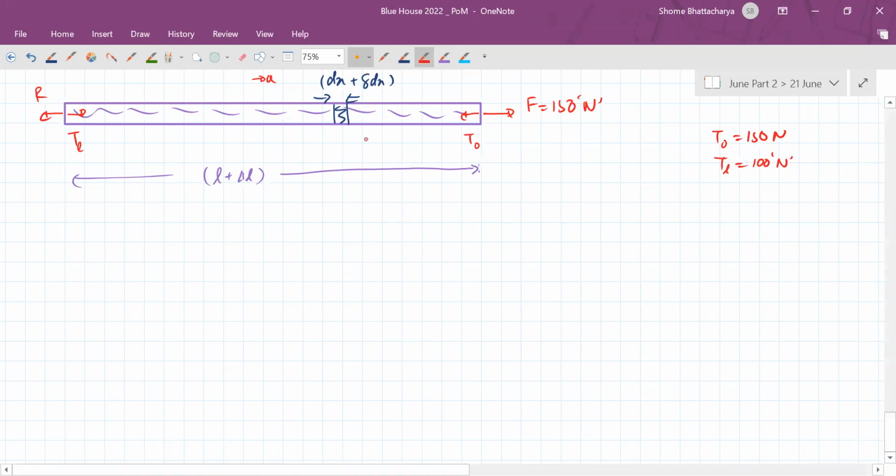If this was at a position at a distance x, then the tension acting on it from both sides would be such that if this tension is T, this tension is T minus dT, because the tension is decreasing with position.